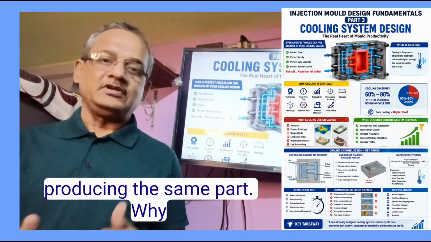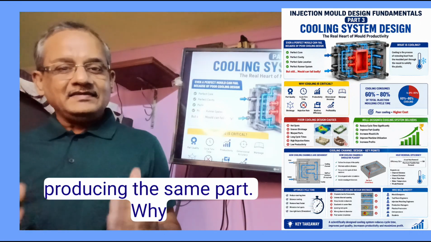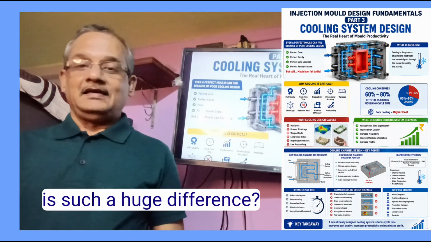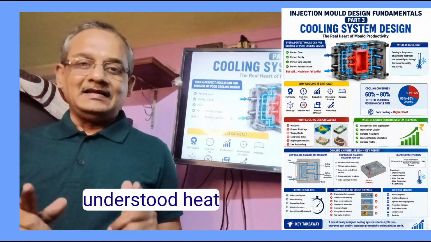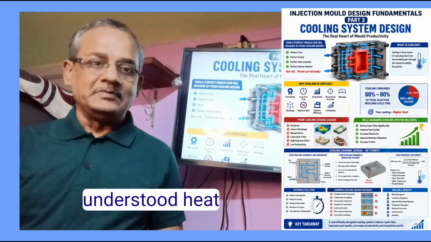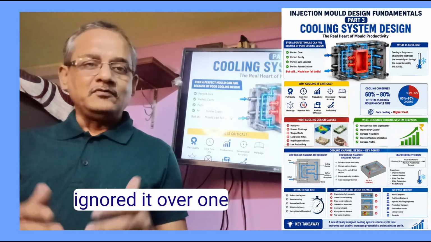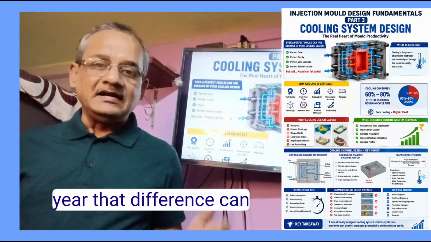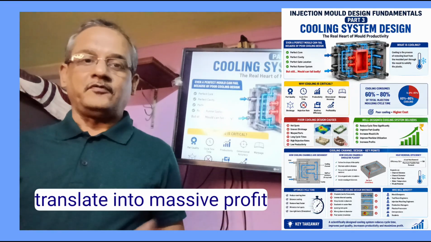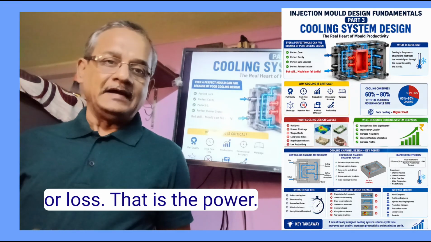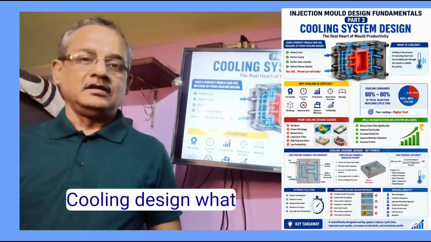Both are producing the same part. Why such a huge difference? Cooling. One understood heat removal, the other ignored it. Over 1 year, that difference can translate into massive profit or loss. That is the power of cooling design.